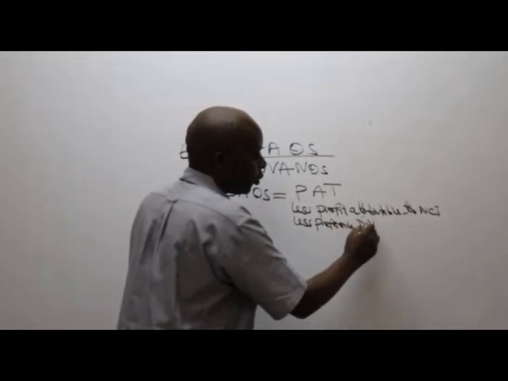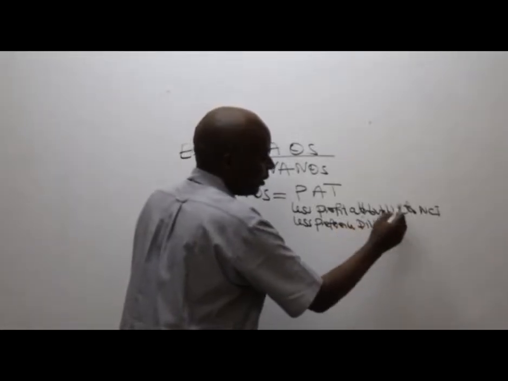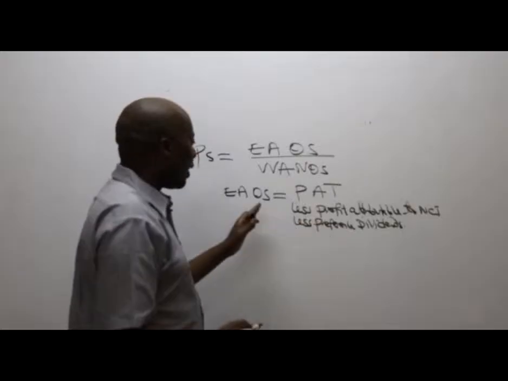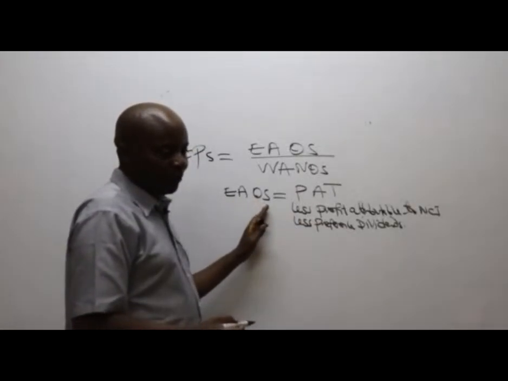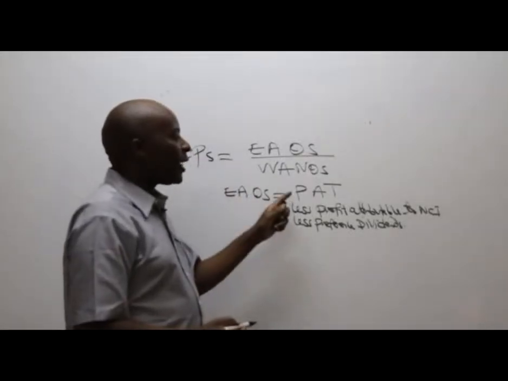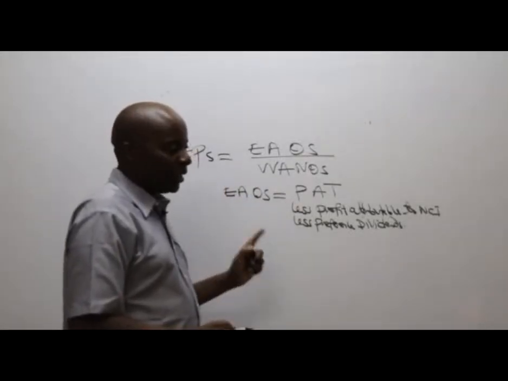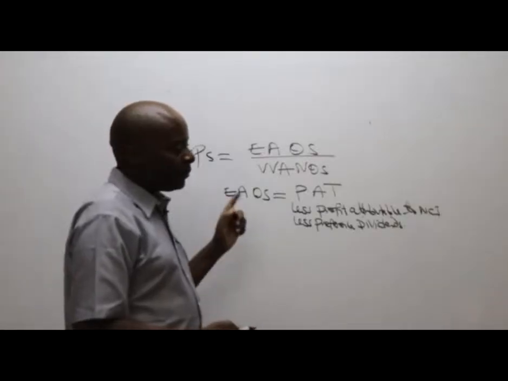It is very important for us to get used to this. This is how we calculate our earnings attributable to ordinary shareholders, using the profit after tax that has been reported.